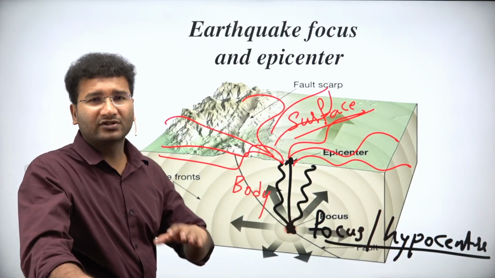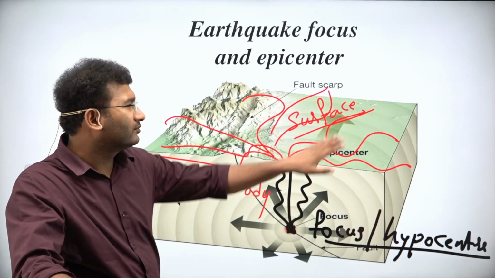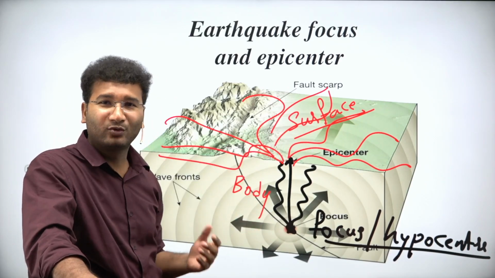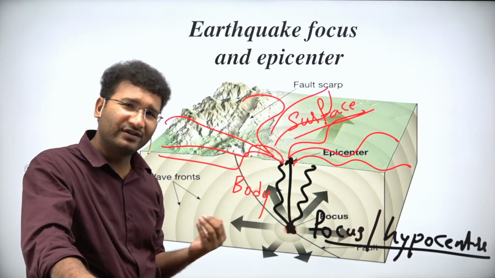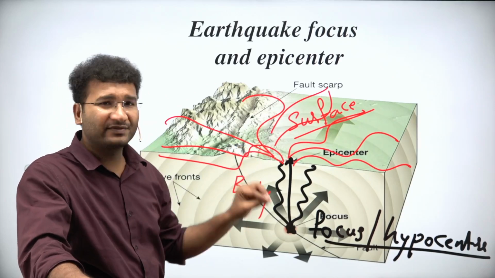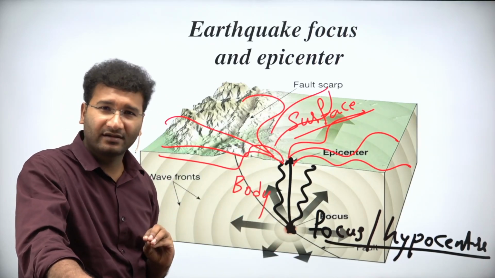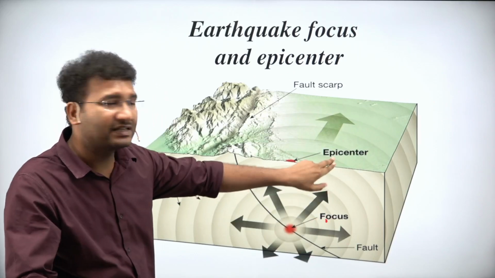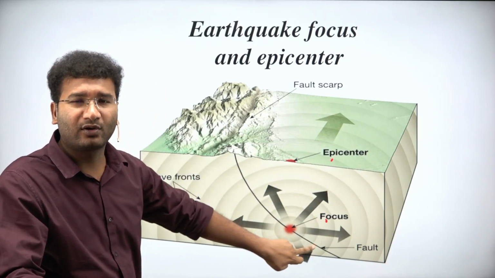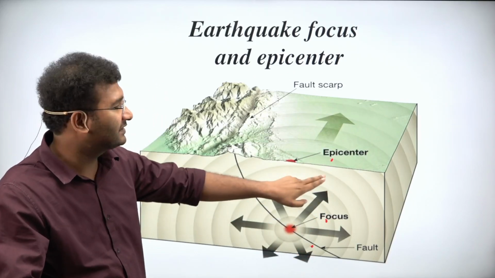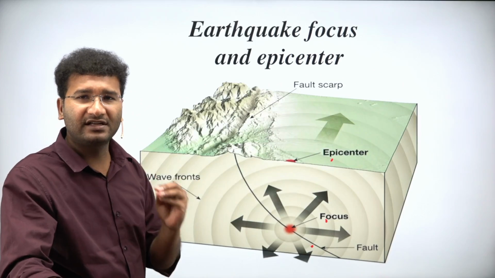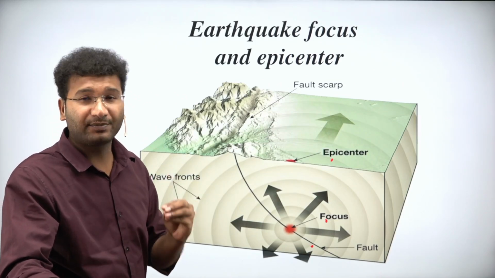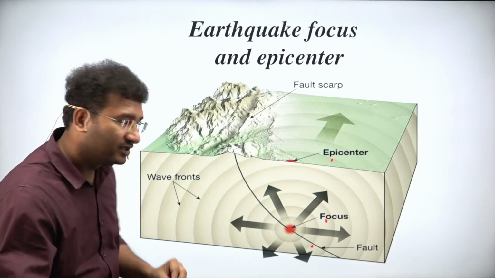Most of the damage that is caused is usually done by the surface waves. Of course, I don't say that body waves are not dangerous, but compared to surface waves, they are not so dangerous. Clear? Now you have learned what a focus is and what an epicenter is. Focus is also called the hypocenter. The epicenter is the place where the first release of energy of the earthquake reaches the surface, and that is the place where you will find the highest damage.